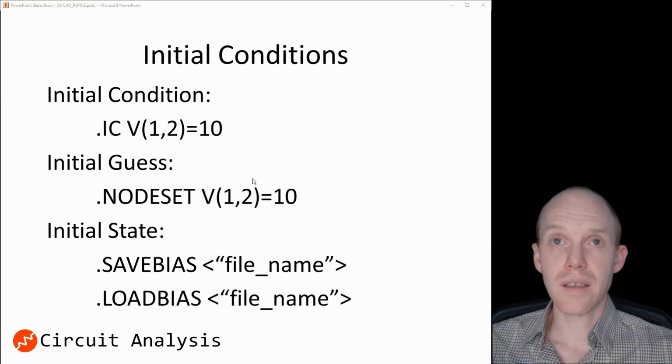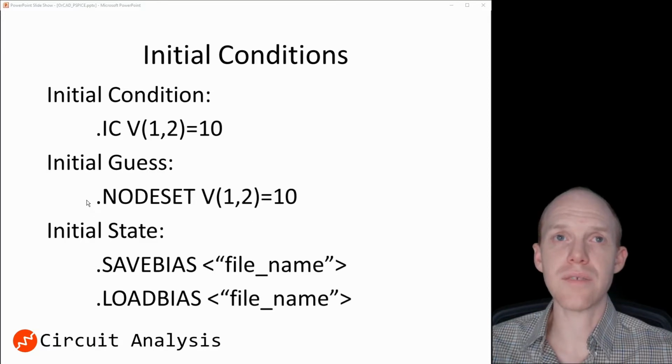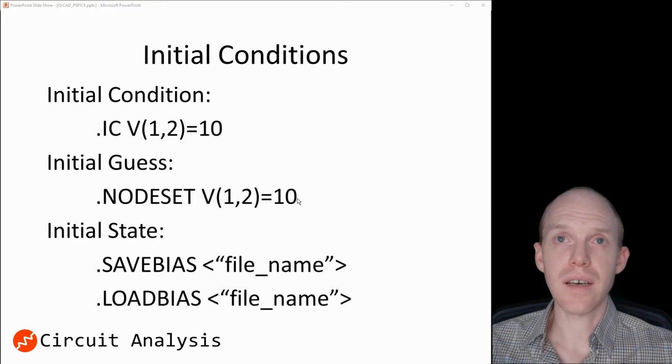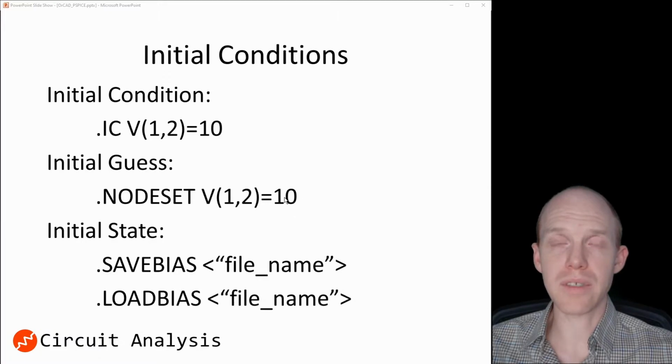But the difference here is that this is the initial condition sort of to the solving solution. So this is not going to be the bias point value. This is just something to help it converge. So you can use these to help it converge and these to set a fixed bias point value.